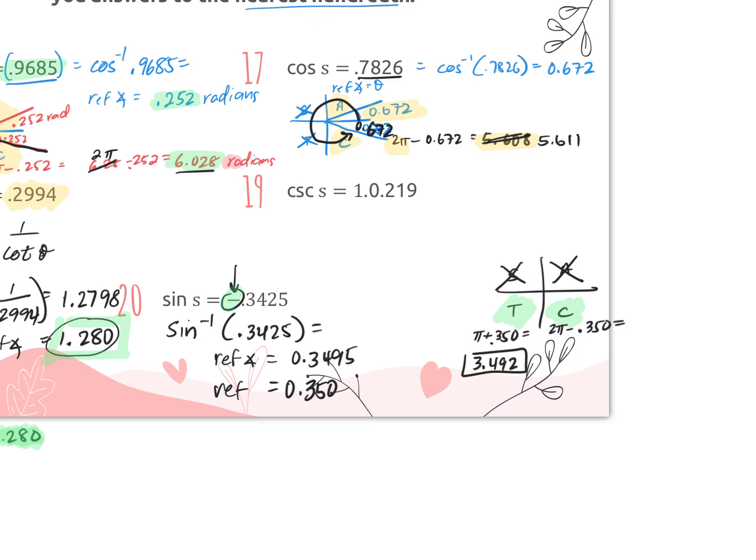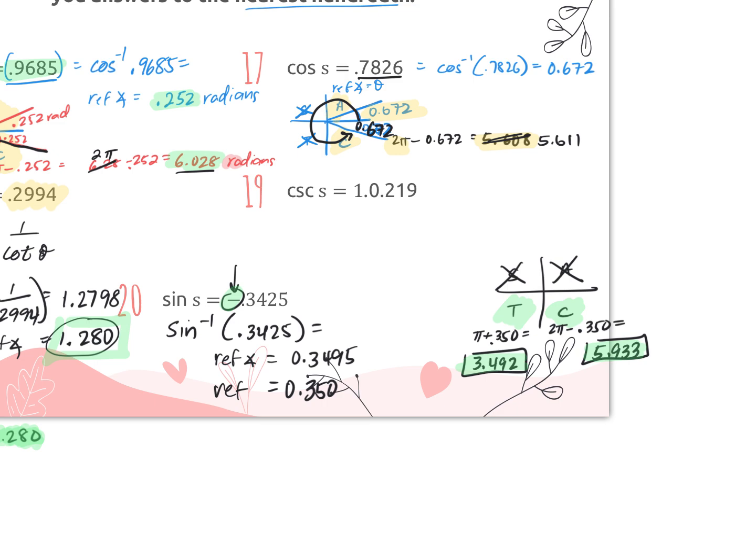And when I do 2 pi minus 0.350, I get approximately 5.933. And so those are my two angles for this problem.